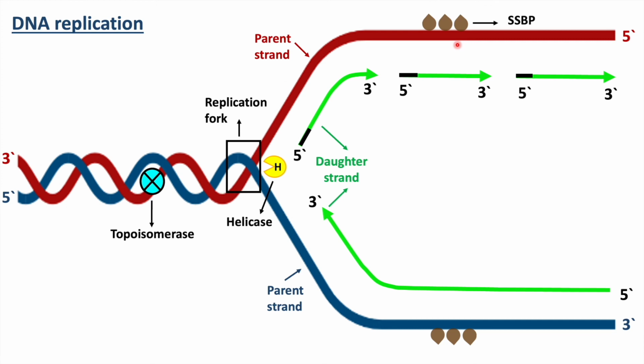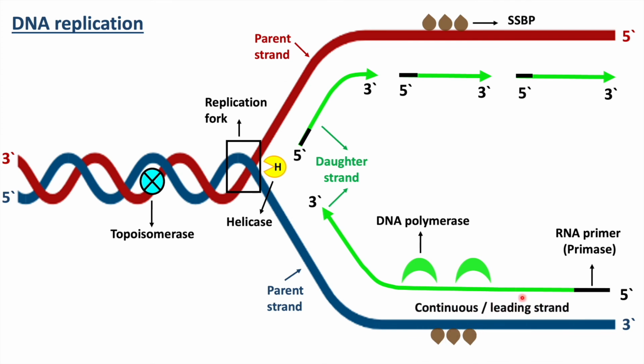And then the starting material to synthesize the new strand is provided by RNA primer, and DNA polymerase comes in, which actually starts elongating the new DNA strand from here onwards. So it builds this continuous or leading strand on this side, and on this side it builds the discontinuous lagging strand.